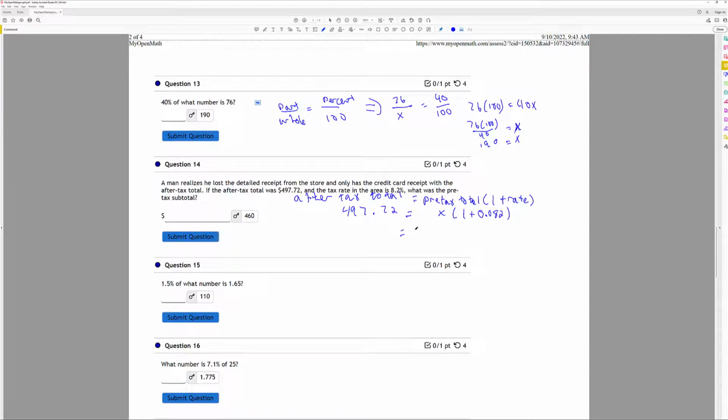So I have here 1.082x is equal to 497.72. So x will be equal to 497.72 divided by 1.082. In this case, it's 460.